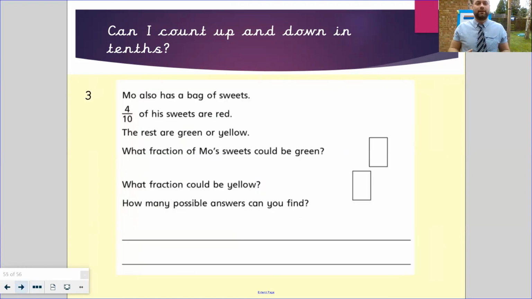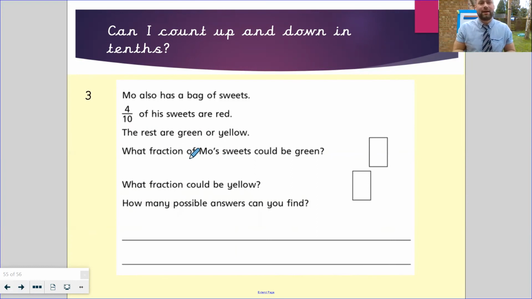And for challenge 3, I think you had this challenge yesterday. Oh dear. So for challenge 3, you can try this one again. No, if you've done this one already, what I would like you to do is write your own word problem, put it onto Tapestry for me, so I can answer it. And it's got to do with tenths, okay? I do apologize.